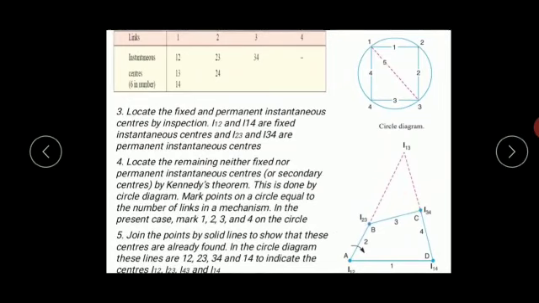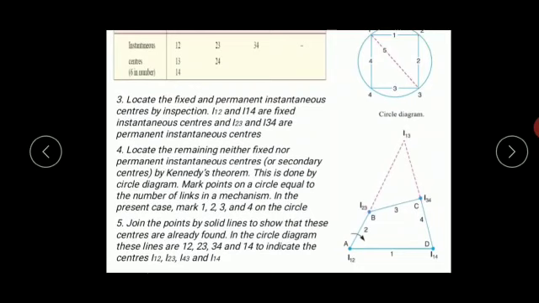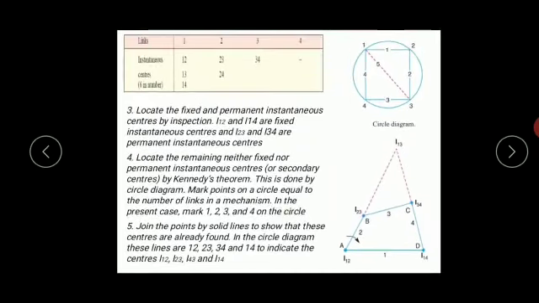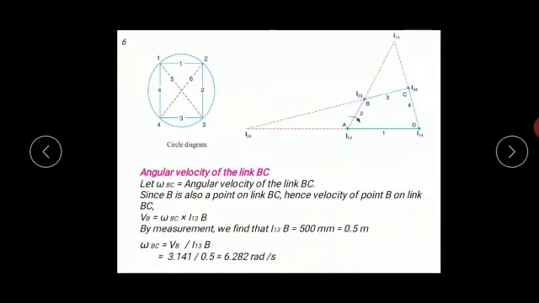Similarly, we are required to find the sixth instantaneous center, that is I24. In order to have I24, we are required to join point number 2 and point number 4. We will have this rectangle divided again into two triangles, that is 1, 2, 4 and 2, 3, 4.